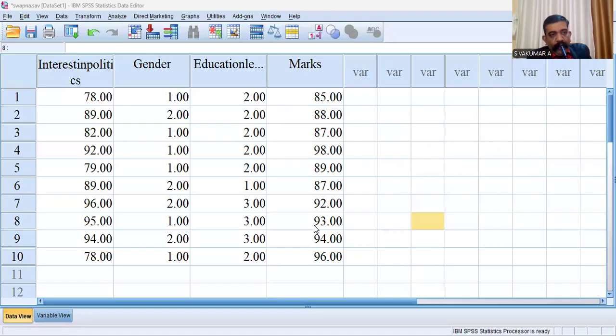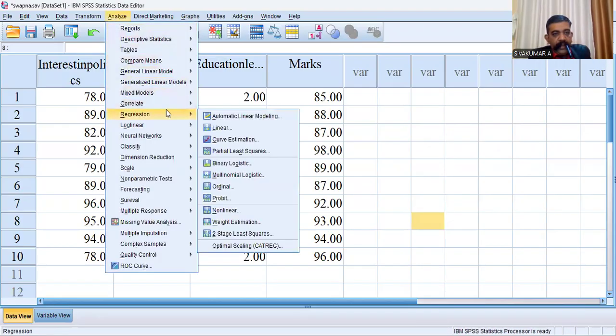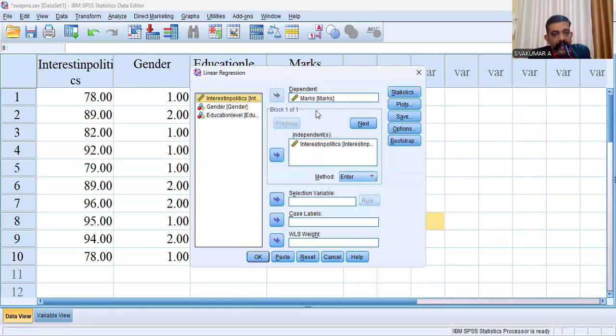You can see two variables. One is industry politics, second is marks. Industry politics is the independent variable. Marks is the dependent variable. How can we check condition number 6 and condition number 7? First, analyze, regression, linear, dependent variable marks, independent variable industry politics.